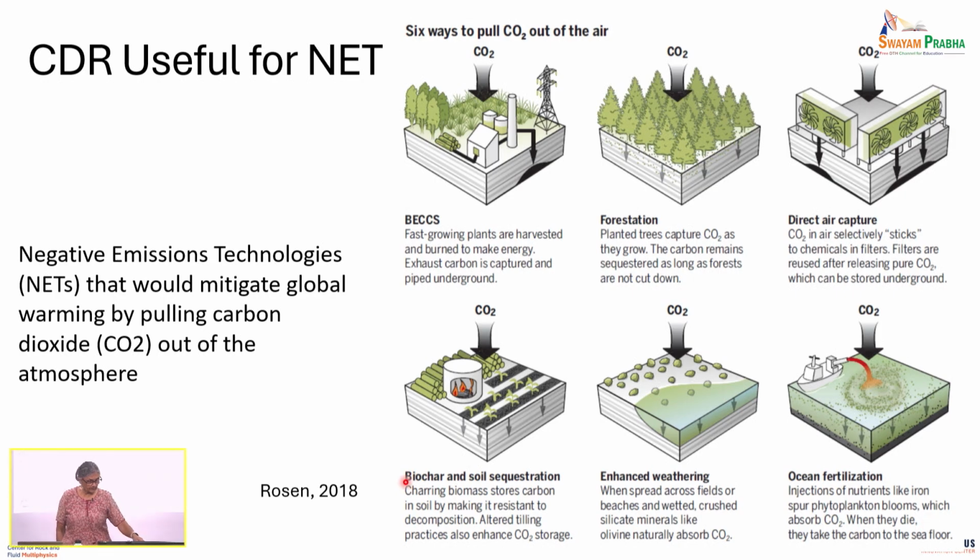Some of them, like biochar, BECCS, and afforestation, are more mature. Ocean fertilization and direct air capture are low on the technology readiness level. This one is still in the research phase. This one is in the test and implementation phase with pilot plants. It's not full-scale implementation.